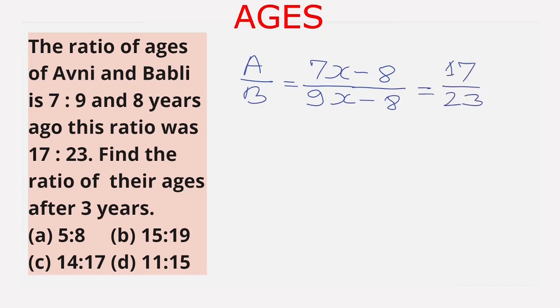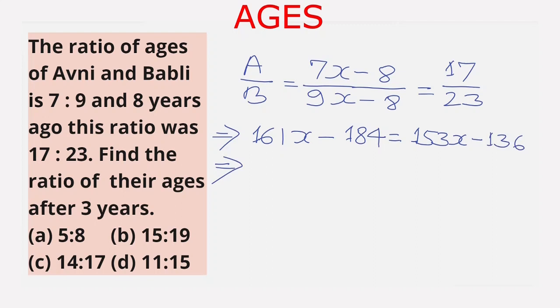17:23. By cross multiplication we get 7x times 23 is 161x minus 8 times 23 is 184. This is equal to 17 times 9x is 153x minus 17 times 8 is 136.